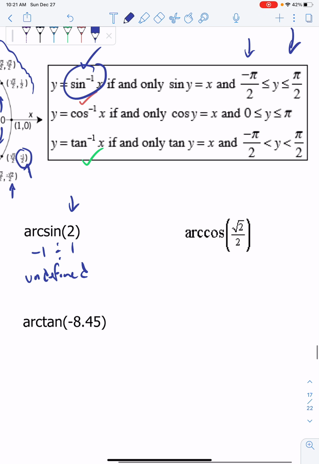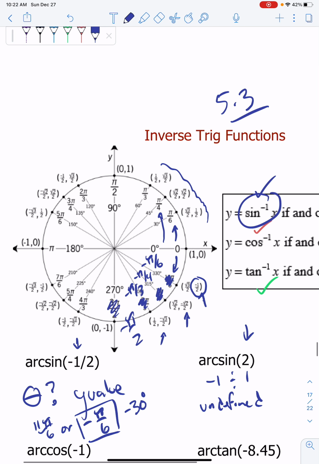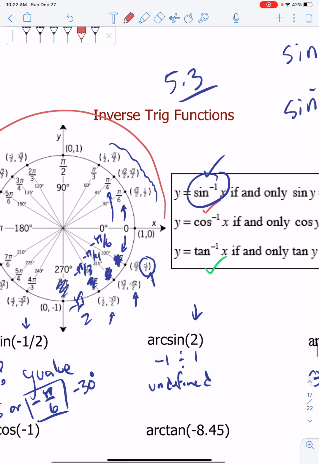All right, so looking at arc cosine of root 2 over 2. Cosine are my x values, so this is asking me what angle gives me a cosine of root 2 over 2. Now cosine, remember, we go from 0 to pi so that we get positives and negatives, and I'm looking for a positive root 2 over 2.